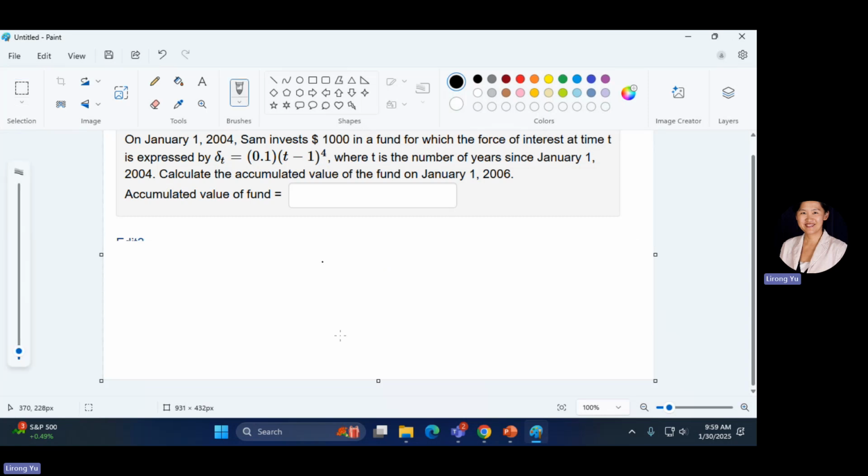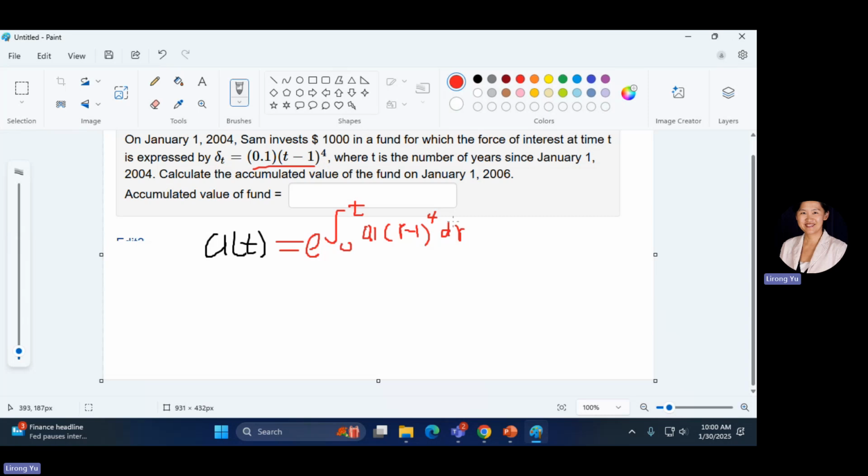All right, so here we have. First, we will calculate AT, and based on our formula, AT is equal to e to the integration from 0 to t of delta t, and we have a delta t that's 0.1 times (r minus 1) to the power 4 dr, changing the variable to r.